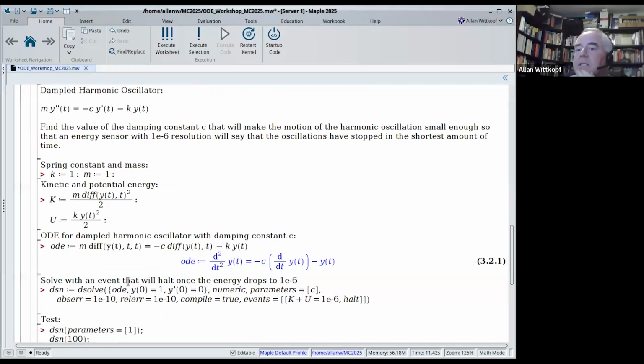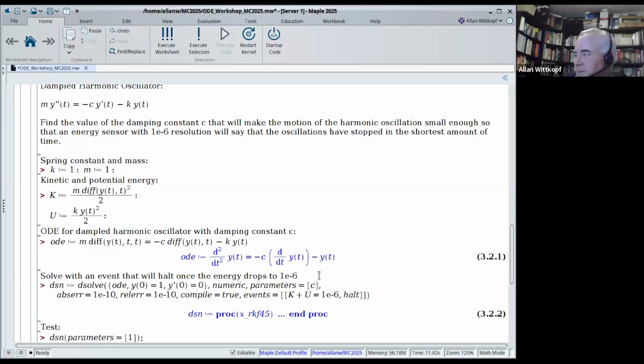And now we're just going to call dsolve with this ODE, an appropriate set of initial conditions, specifying the parameters. We're going to set tolerances of 1e-10 for absolute and relative error, ask for it to be compiled, and define an event that says that when the sum of the energy is 1e-6, halt. Okay. So we call this.